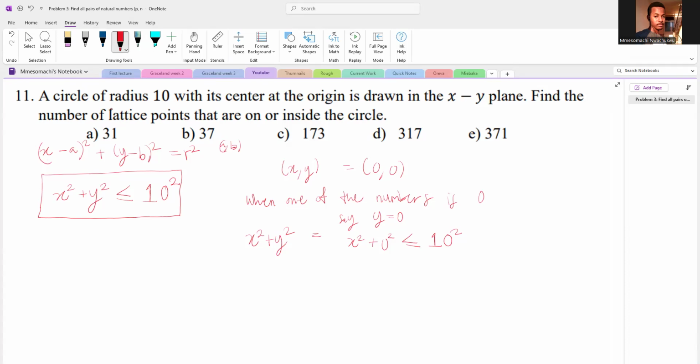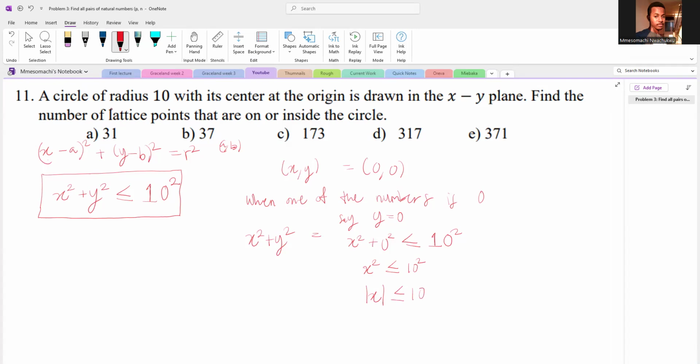So let's look at this question. Now the number of integer solutions to this: x squared plus 0 squared less than or equal to 10 squared. That's the same as x squared less than or equal to 10 squared. So the absolute value of x is less than or equal to 10.